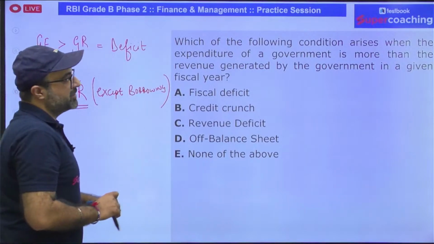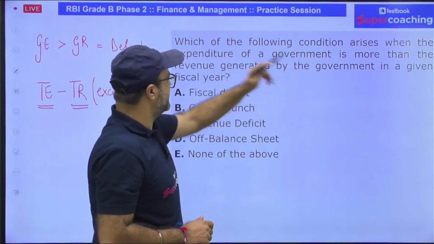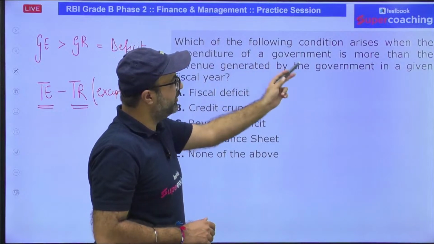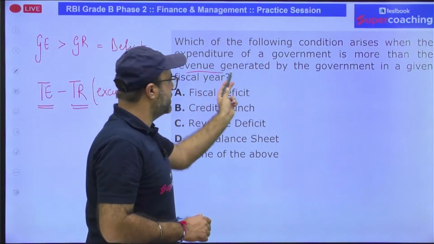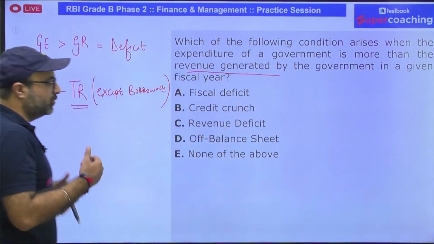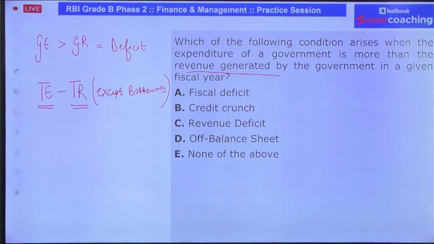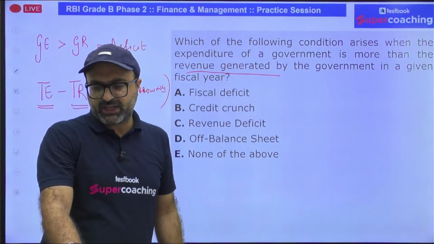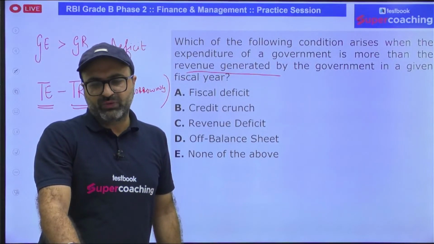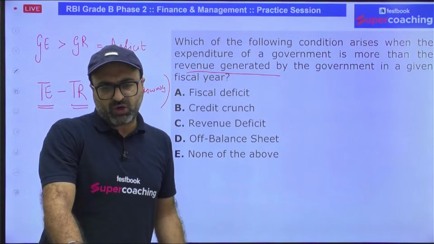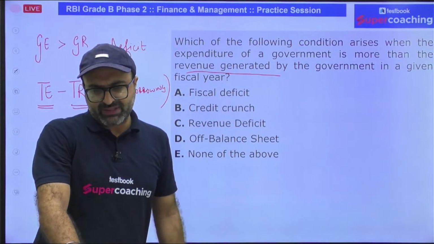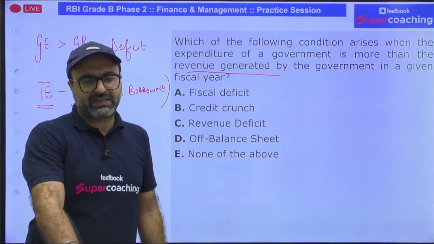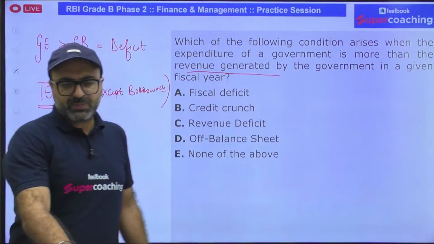But the question over here is, which condition arises when the expenditure of the government is more than the revenue generated by the government. The moment you read the word revenue, you must be confused whether I go with revenue deficit or fiscal deficit. That is an important point which you need to understand, so please pay attention, guys.